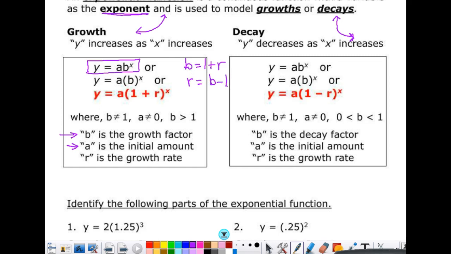So you need to write both of those down. And it'll make sense in a minute, hopefully. Okay, R is the growth rate. It's usually in a percentage, but then you change the percent to decimal. Okay? So the R is either in a percent or a decimal.